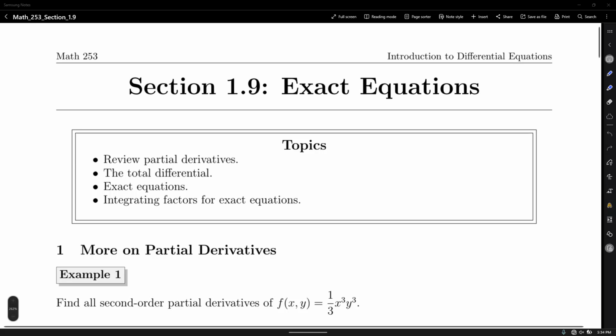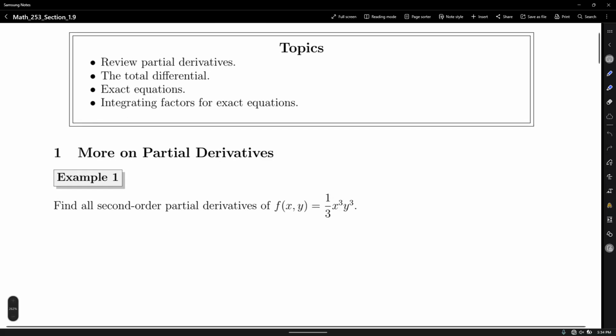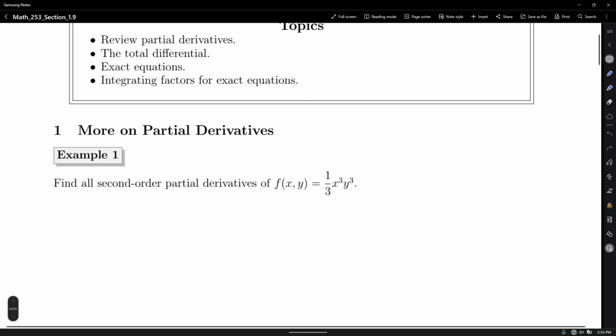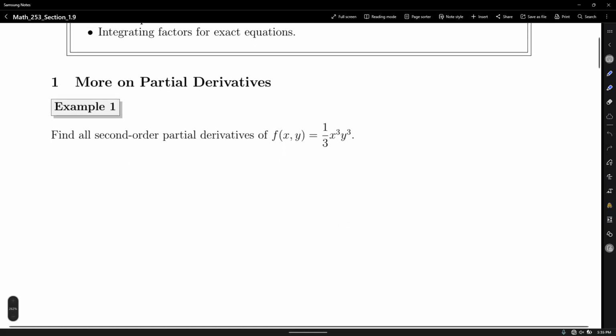What we're going to do here is a little bit more on partial derivatives, because we need them in order to solve these exact equations. For those of you who haven't taken Cal 3, I gave you a crash course on partial derivatives when it came to existence and uniqueness of solutions to differential equations, to IVPs, right?